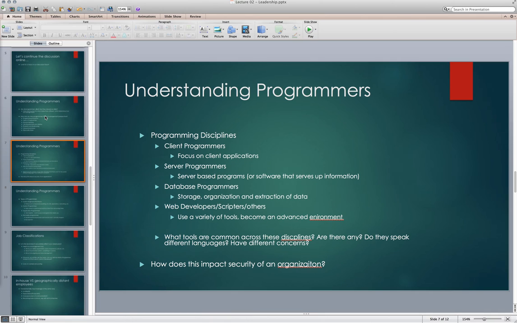DBAs, database administrators, are worried about a lot different things than a web developer. As a web developer, if I'm in an organization that has a DBA to support me, then I typically don't care about the database. I say, okay, I need this schema, I need this structure, I need these tables, I need to know how to access it, but how you structure it, how you organize it, what you index, how you harden the servers, I don't care about that because I don't have to. That's your job. And the DBA is.